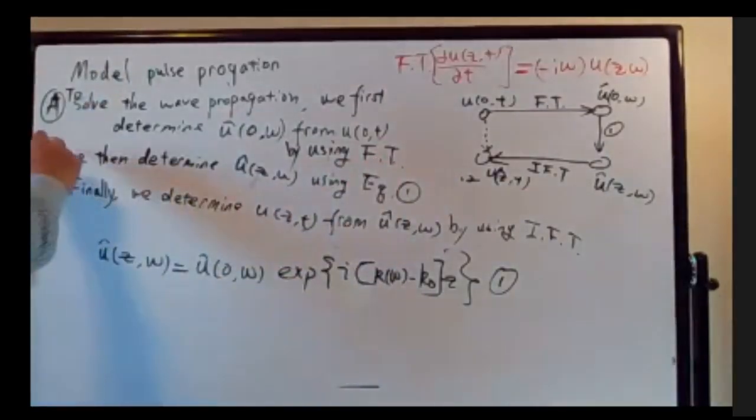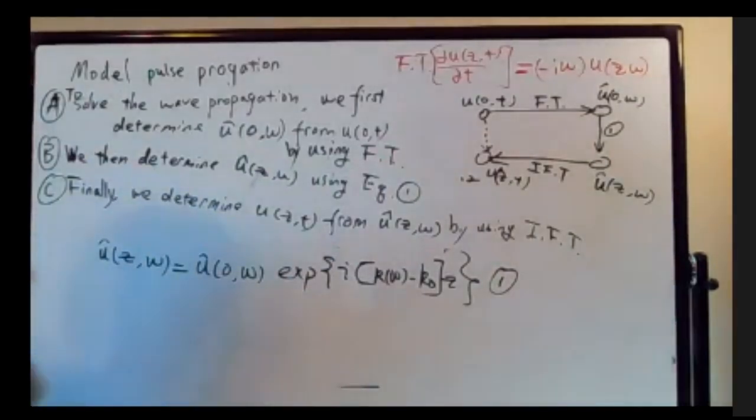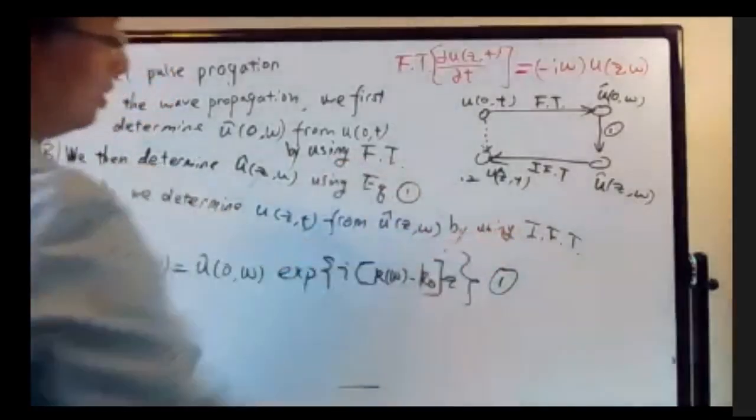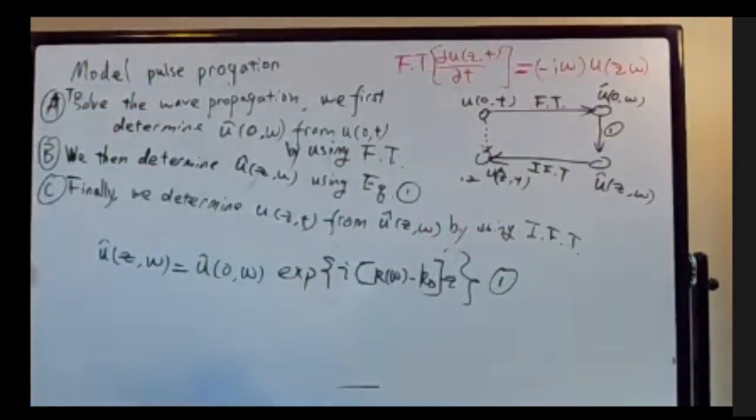We then determine U hat Z omega using equation 1. Finally, we determine UZT from U hat Z omega by using the inverse Fourier transform. And the Fourier transform and inverse Fourier transform are already provided by MATLAB.